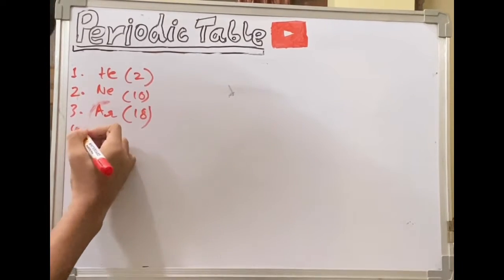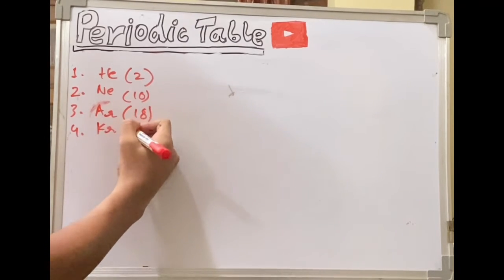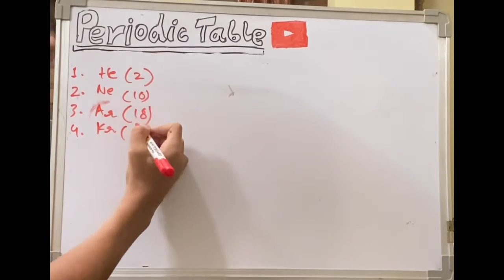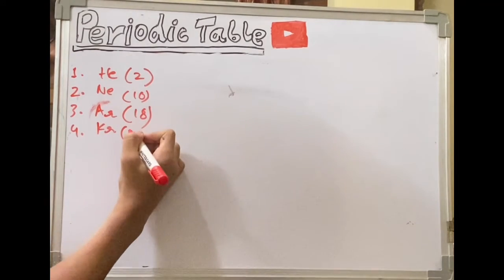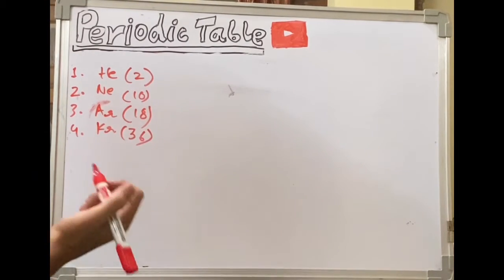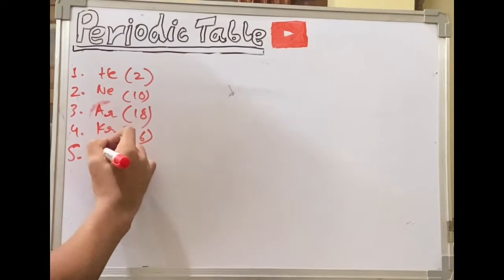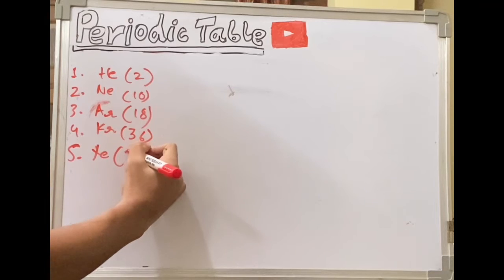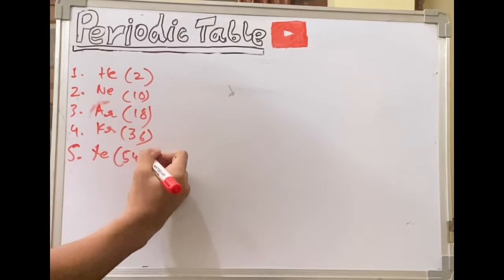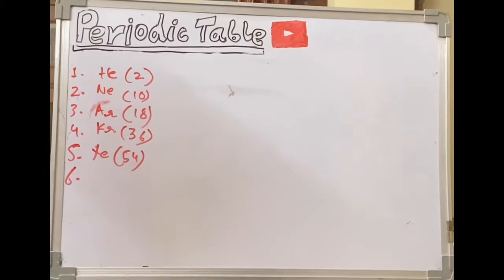We all know that. Then there is krypton, which doesn't have 26, but it's 36. Okay. Then there is xenon, which is 54.